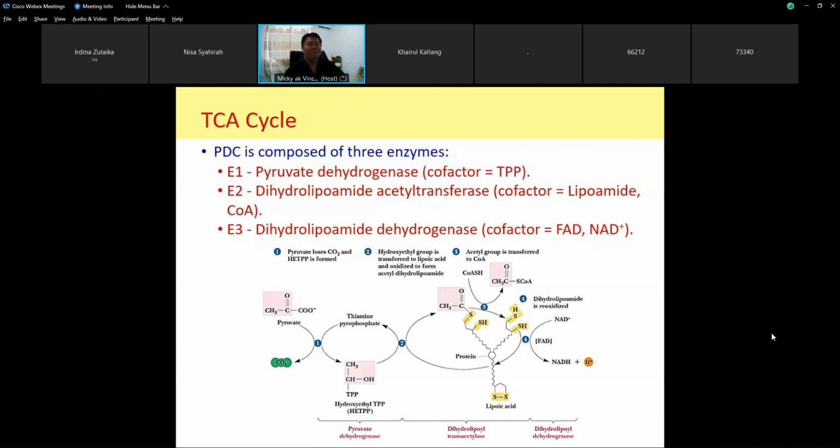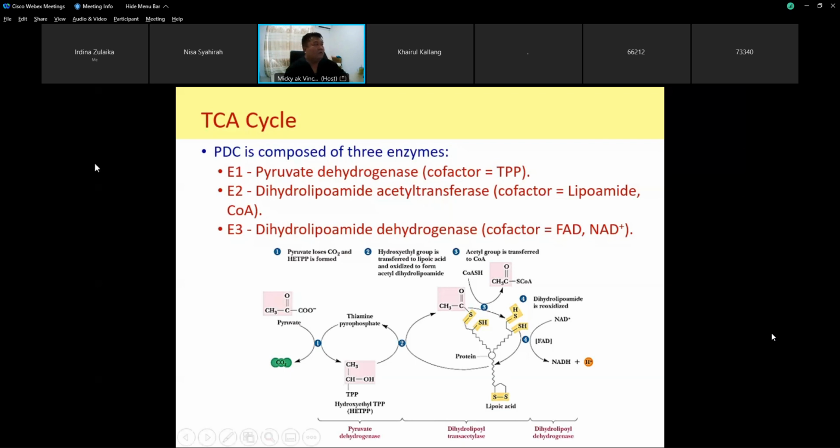Now let me break it down to you. Cofactor is basically an extension of the enzyme. Without a cofactor, the enzyme will not work. Macam kalau kamu ada pisau lah. Kalau kamu tidak ada punya bilah itu, the pisau will not be able to cut. All you have will be the hulu, the handle.